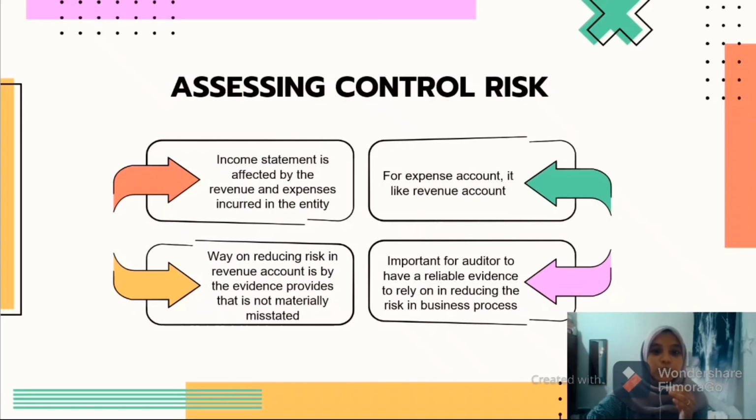So it is important for auditors to have reliable evidence because they need to consider that the company may have committed fraud in revenue recognition, even though actually the company is not doing that. But as auditors, they must consider it.